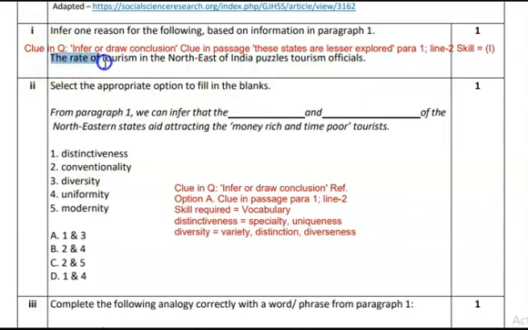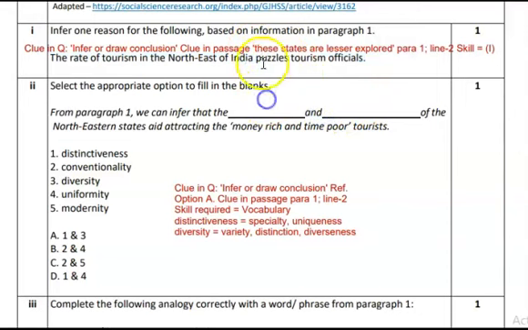The rate of tourism in northeast of India puzzles tourism officials. So the question framer asks you, why does the growth in tourism surprise tourism officials? Very easy. This clue is given in first paragraph, and this clue is this.